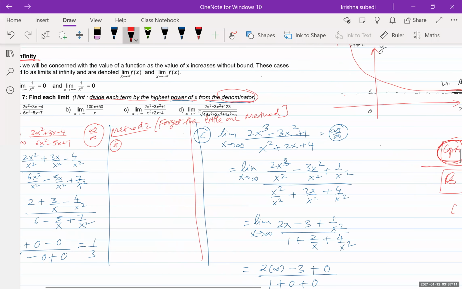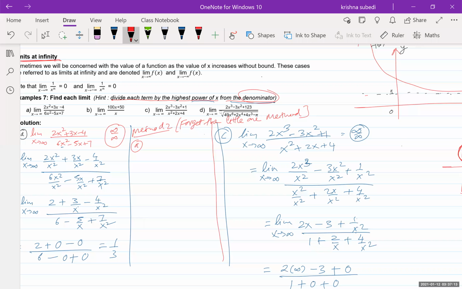So in this part A, the leader means the term with the highest power. In the numerator, let me just copy that question first. This is (2x squared plus 3x minus 4) over (6x squared minus 5x plus 7).